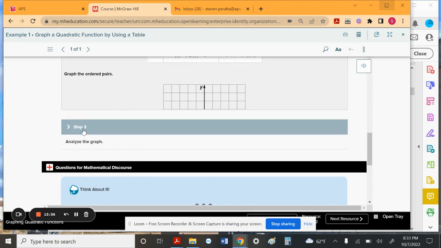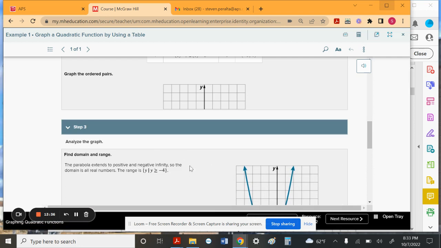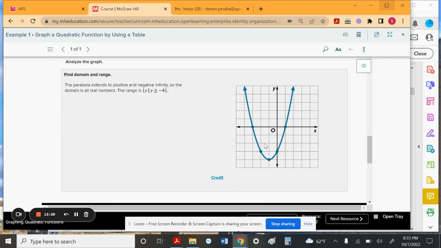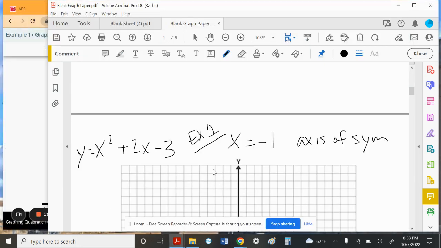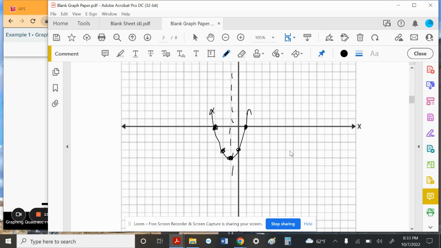Analyzing the graph is a little bit different. So when we want to analyze the graph, we want to figure out what is our domain and range. So if we take a look at our graph here, so here we have our graph of this one. Notice that my domain, because it's continuing to go this way and it's continuing to go that way, is going to be -infinity is less than x, and you need to learn how to write it exactly like this, to positive infinity.